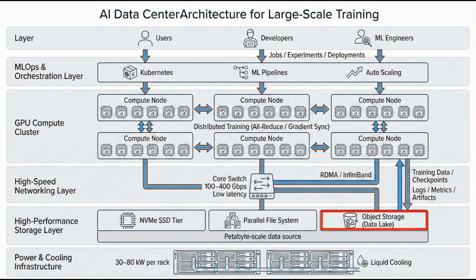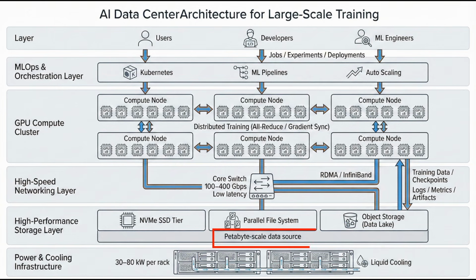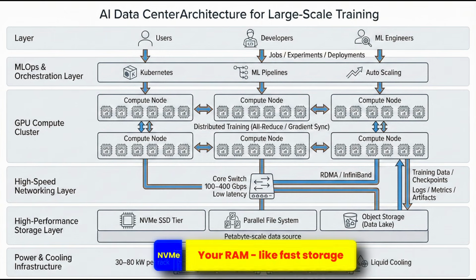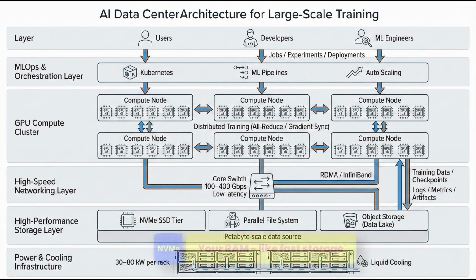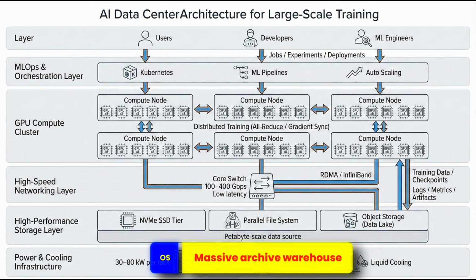And the object storage, which we also call a data lake, stores training data, logs, metrics, and model artifacts, and can scale to petabytes. So think of NVMe as your fast storage, the parallel file system as a team shared folder, and object storage as a massive archive warehouse.